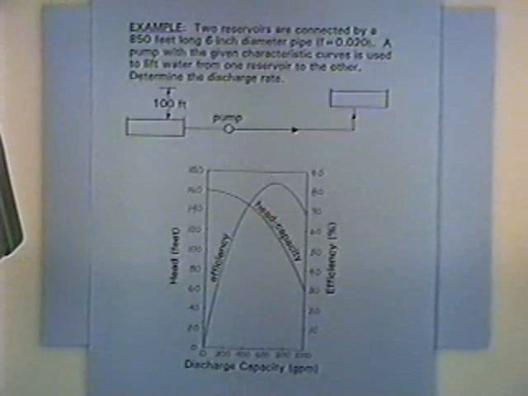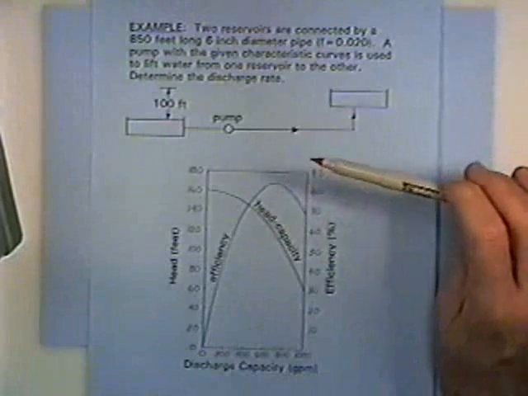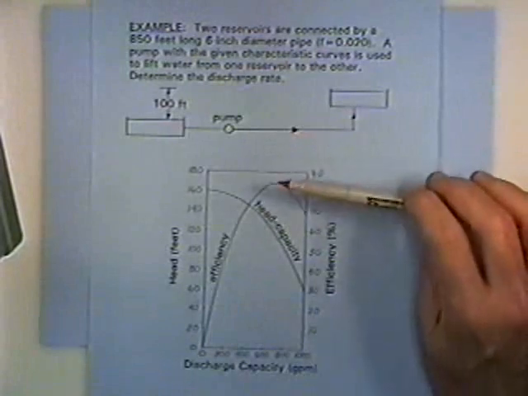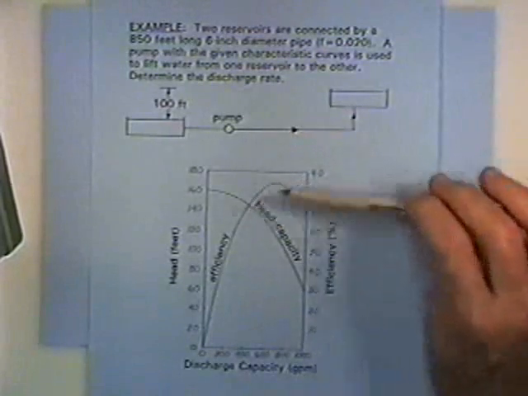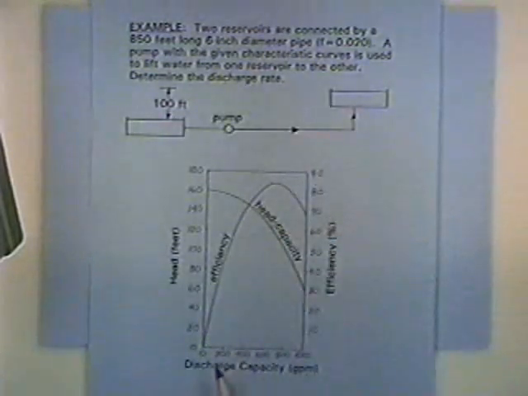Now, efficiency refers to the ratio of the electrical energy to the hydraulic energy provided by the pump. You have to pay for electricity to run the electric motor that runs the pump, so you'd like to be as efficient as you can. The efficiency will vary with discharge. For different discharge rates, there'll be some points that are more efficient than others for that particular pump.